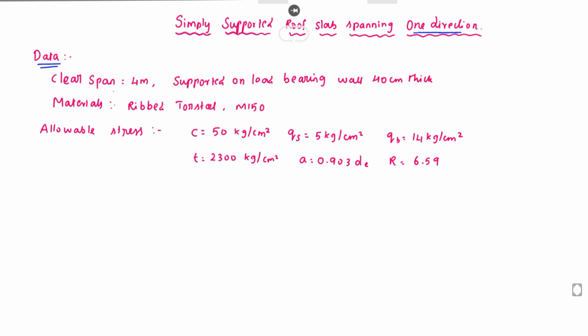The clear span is 4 meter, supported on a load bearing wall of 40 centimeter thickness. Materials: ribbed TOR steel is used, then M150, that is FCK is 150 kg per centimeter square.